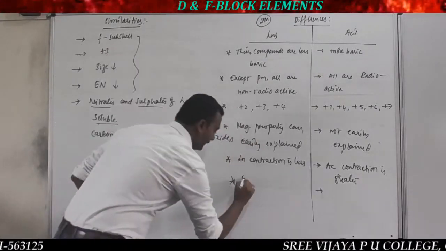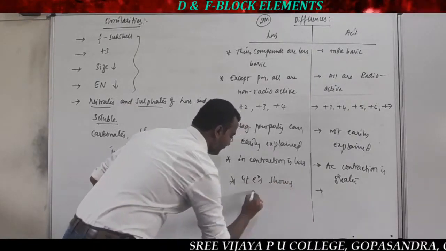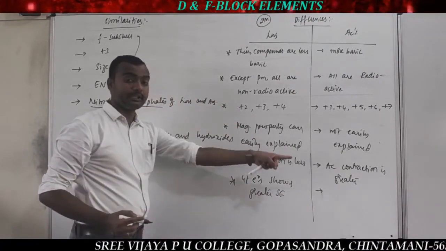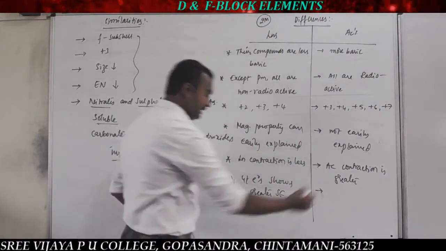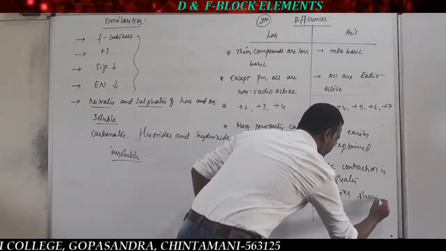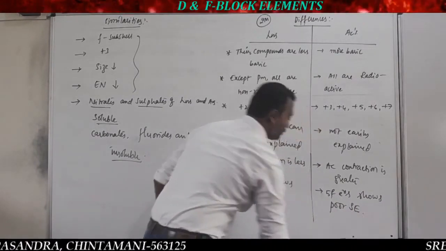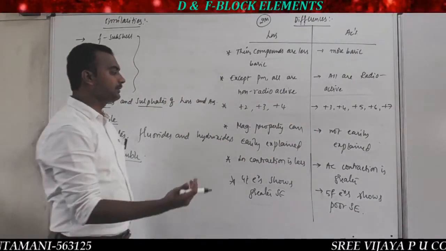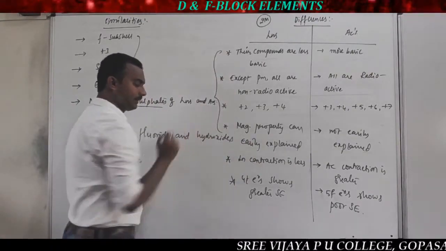So 4f electrons show greater shielding effect, and 5f electrons show poor shielding effect.